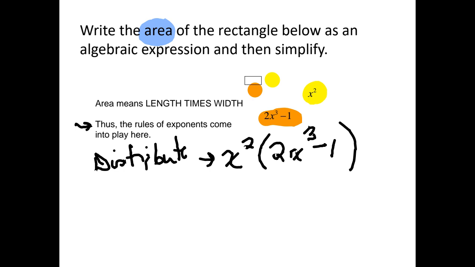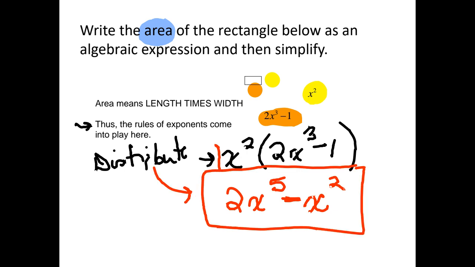1x squared times 2x cubed is going to give me 2x to the 5th. 1x squared times a negative 1 is a negative x squared. This is my answer because I distribute and I use the rules of exponents.